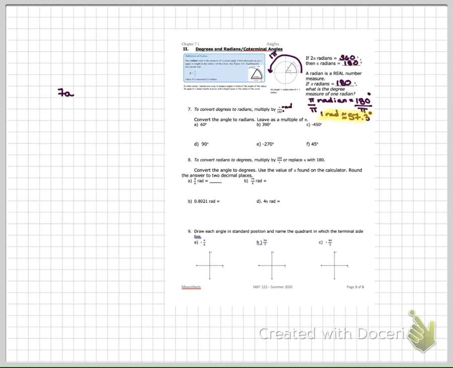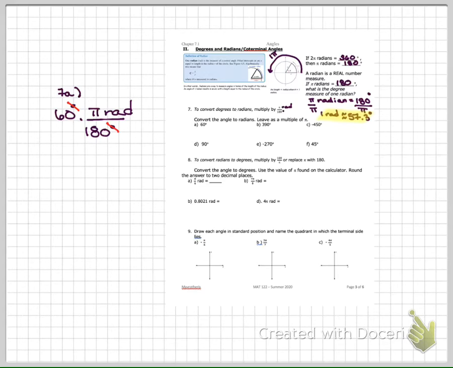Okay. So 7a. We have got 60 degrees. We want to convert to radians, and so I'm going to put my pi radians in the numerator. I'm going to put my 180 degrees in the denominator. One thing that we want to remember is that units cancel. So here our units are degrees. They cancel just like numbers do.